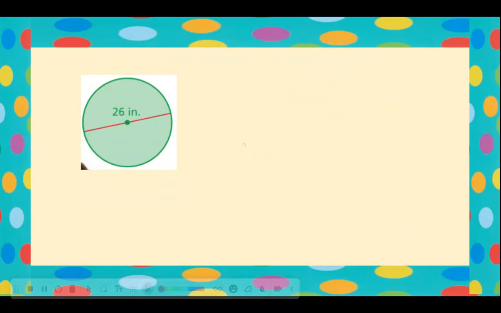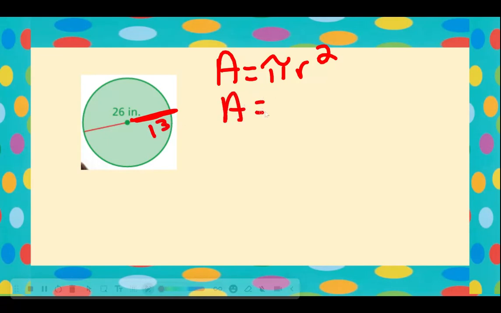Okay, now I am given a diameter, but our formula wants a radius squared. So let's cut 26 in half. Half of 26 is 13. So area equals pi times 13 squared. So what is 13 times 13?